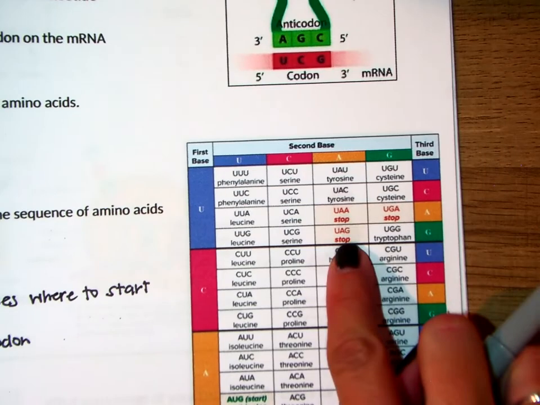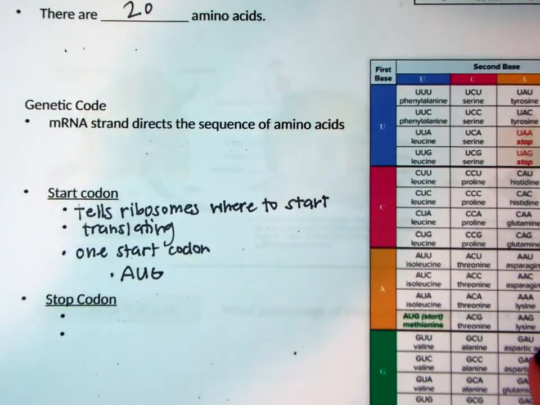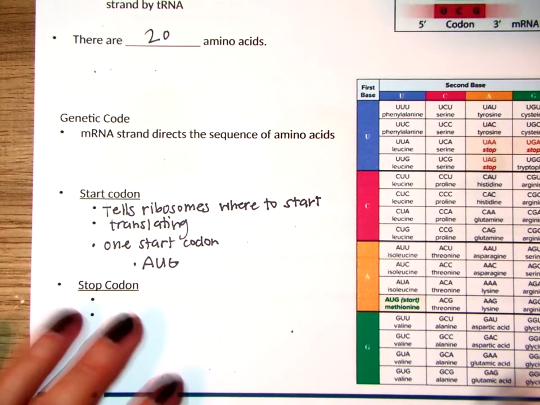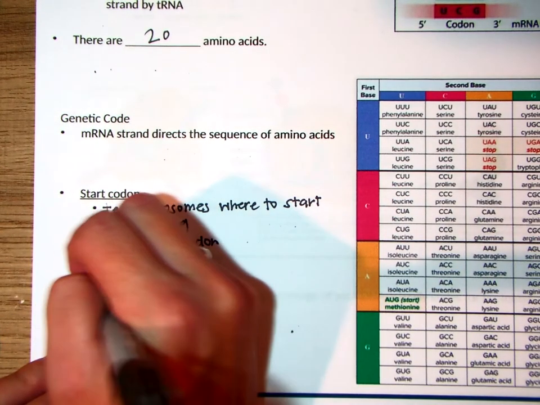We have stop codons as well. So stop codons tell the ribosome where to stop translating, which makes sense.